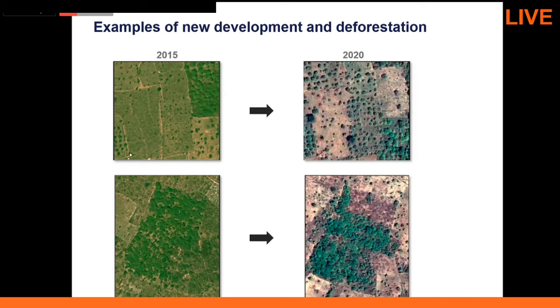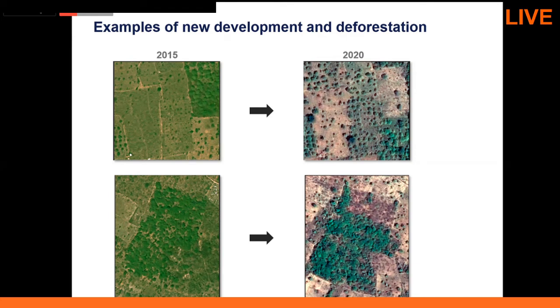So here we can see there are some changes as well, in the top and bottom sets of photos. On the top, we can see most of the area was planted with some young cashews in 2015. We see those small green dots. And then there's an older plantation on the top right. But if we move to the right side, the grayer image for 2020, we can see that as those younger trees that were planted grew up, they actually cut down the older forest in the top right.